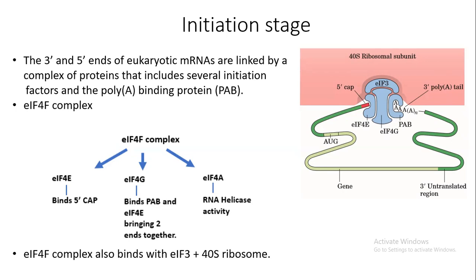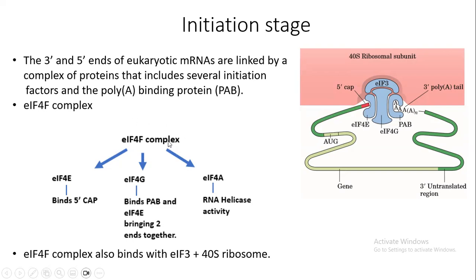to begin with the discussion of initiation stage in eukaryotic translation process. So the process will start by binding of two protein factors to these two respective ends of eukaryotic messenger RNA. The 5 prime cap of messenger RNA is bound by the eukaryotic initiation factor 4E, which is a part of eukaryotic initiation factor 4F complex.